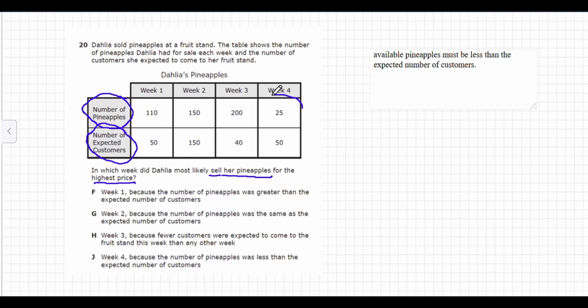Week 4 was when pineapples were at the highest price. So J is the correct answer.